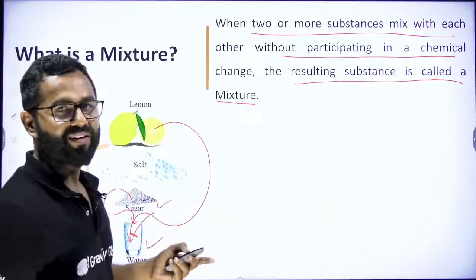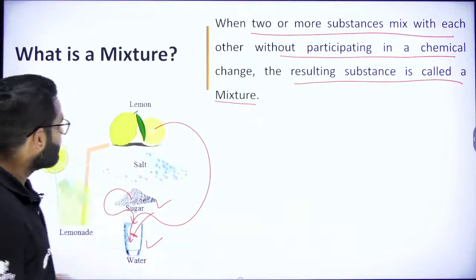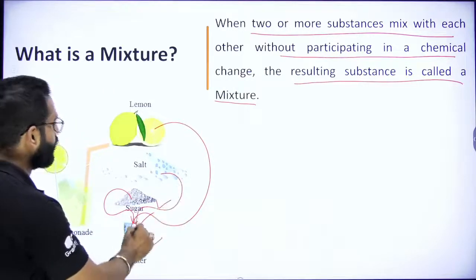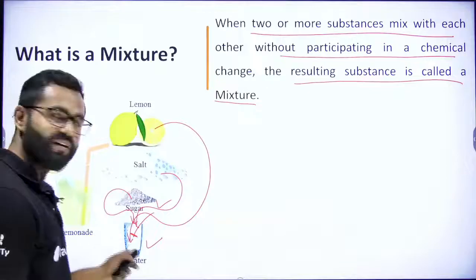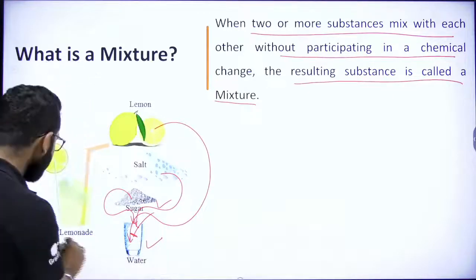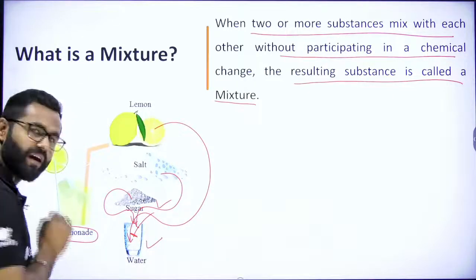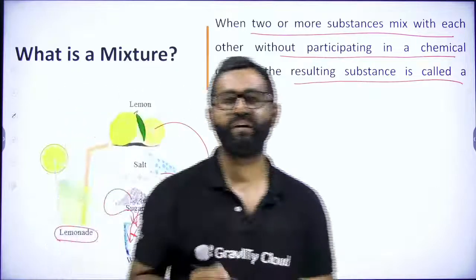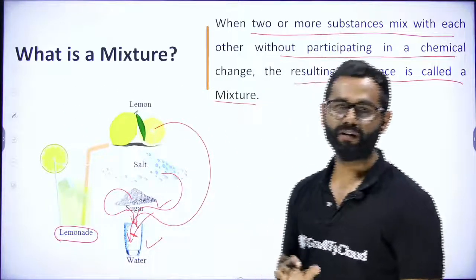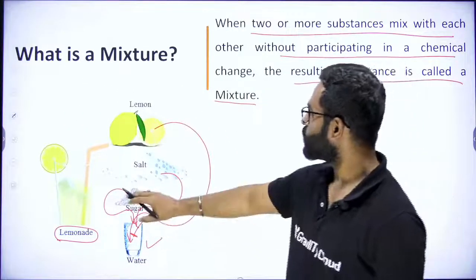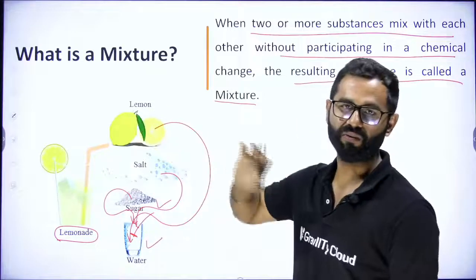What will you get? When you add sugar, salt and lemon juice into the water and mix it, you will get lemonade. The lemonade is actually a mixture of water, sugar, salt and lemon juice.